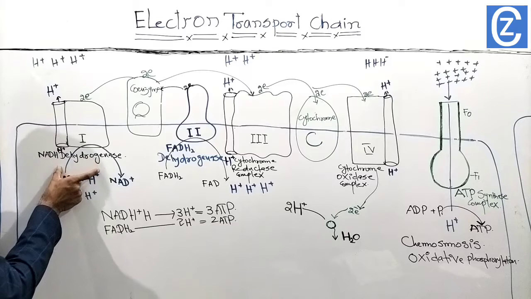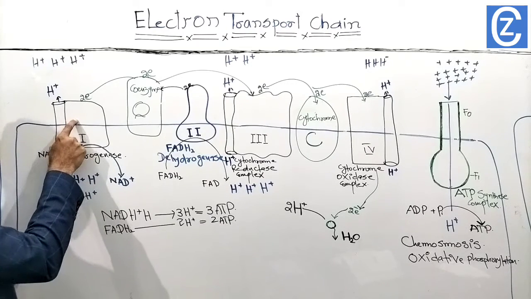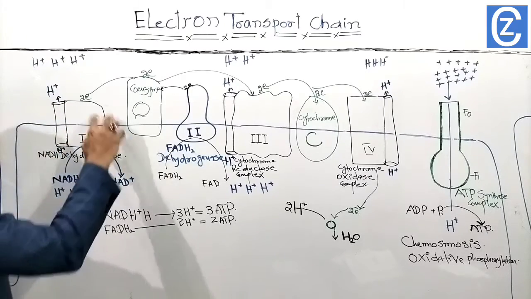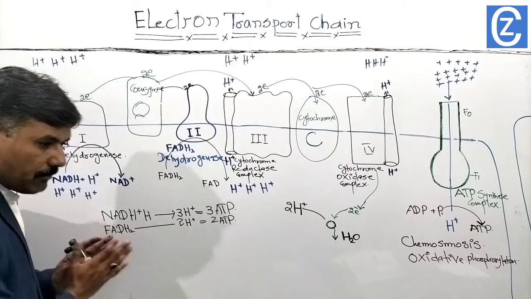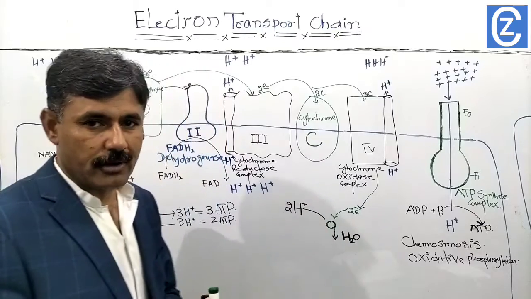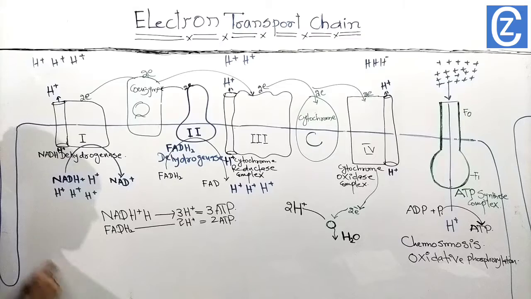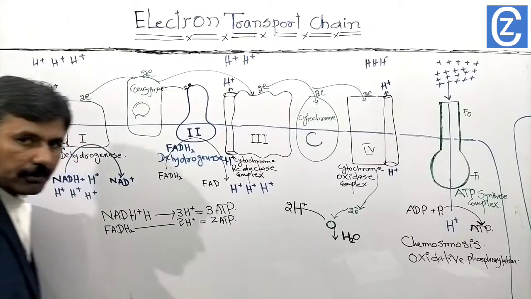This complex will oxidize NADH and receive electrons, and it transfers these electrons to another coenzyme termed coenzyme Q. It is not only transferring electrons to coenzyme Q, but it also pumps protons. There is a channel here that can pump protons from the matrix into the intermembrane space.